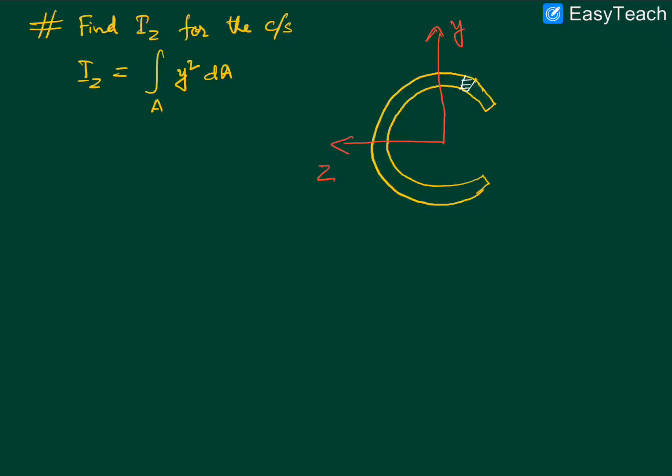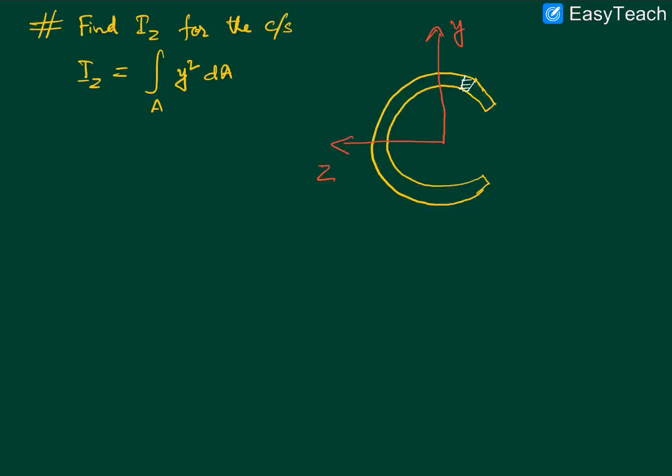So the distance y will be again this distance, so that can be set up as r sine phi, no problem there. But what about this little area dA? This area dA, what will be that?